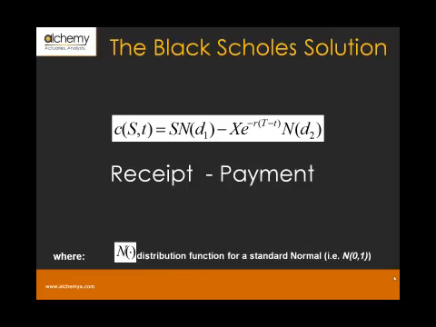So if you were to go out and build this model in Excel, you need to first build a slightly stronger intuition of how the Black Scholes solution or equation could be read.